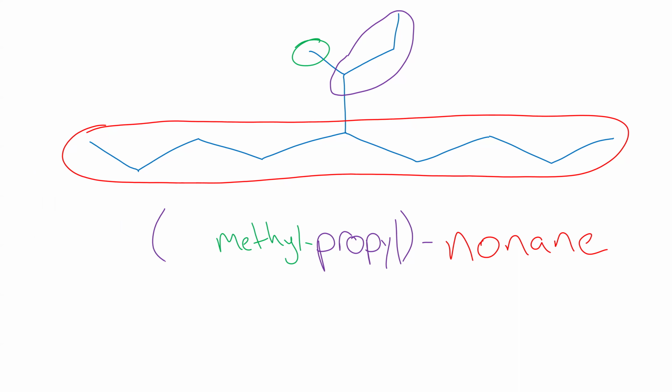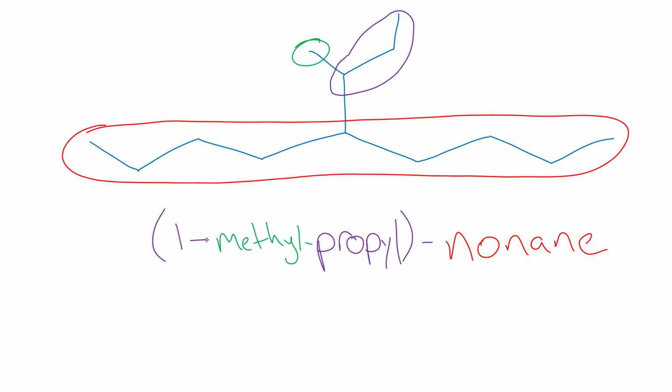So we need to specify where the methyl is on the propyl. 1. That's carbon 1 because it's the one that's directly attached to the parent molecule. So 1-methylpropyl, nonane.